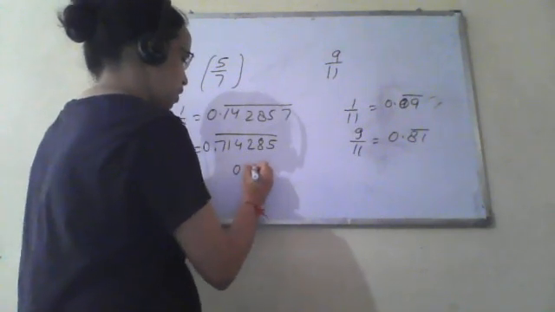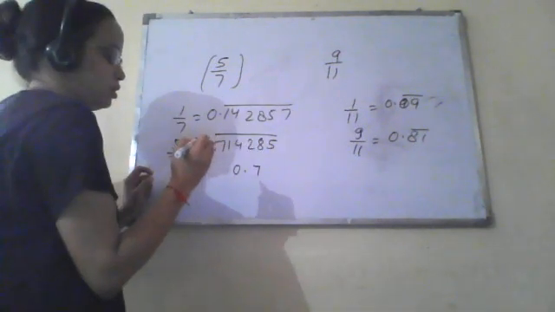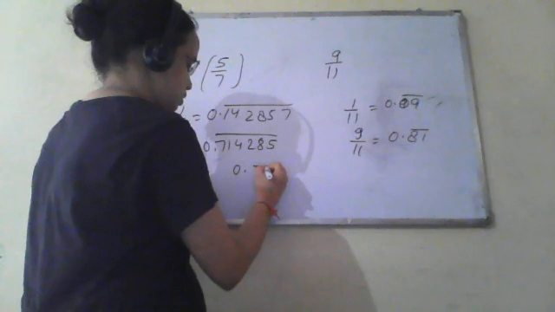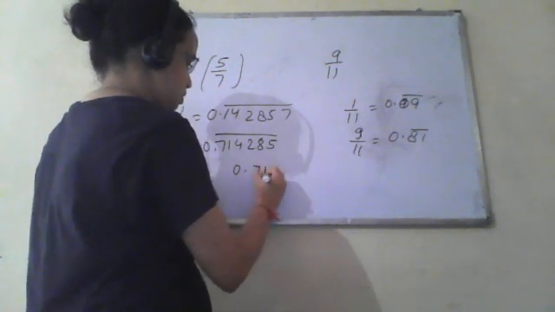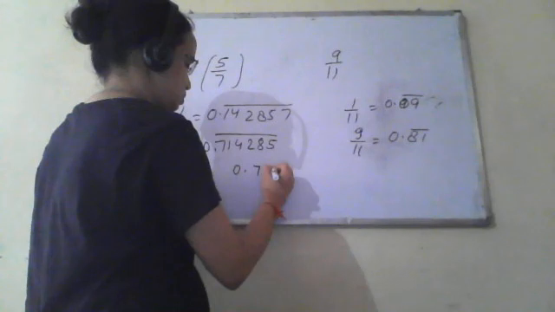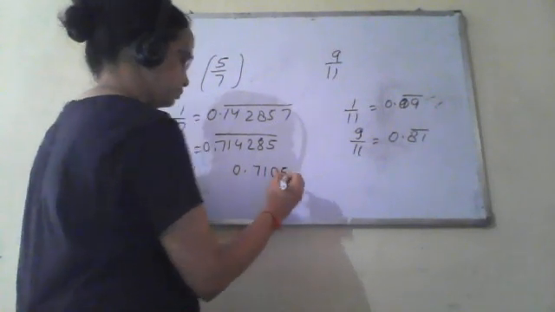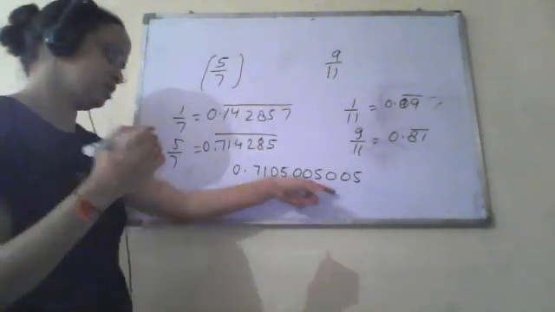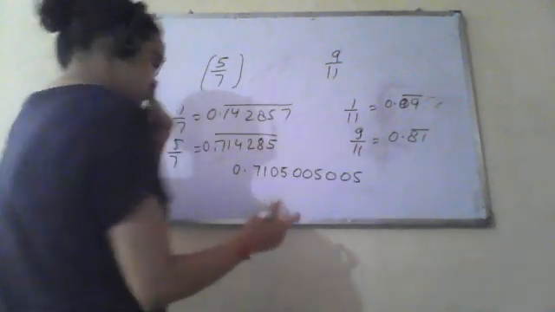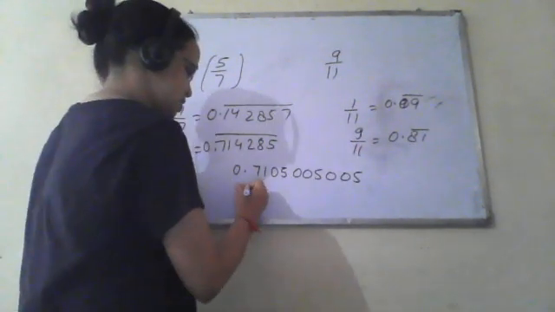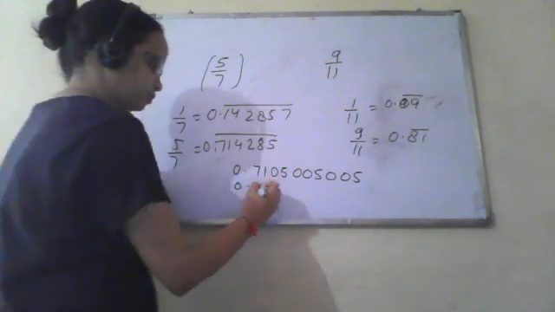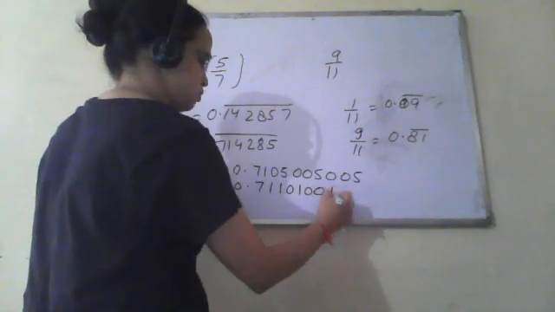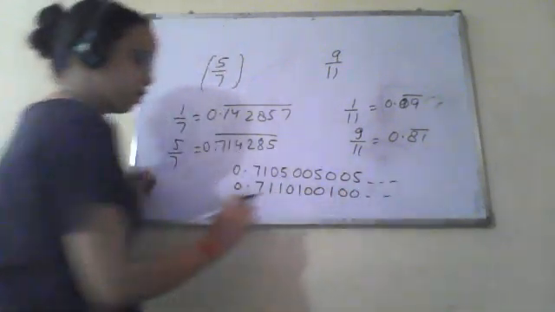It can be 0.7, 0.71, or 0.05. Such a number will lie between these. You can take any decimal, like 0.7 then 1, 0, 1, 0, 0 and it will continue, forming this pattern.